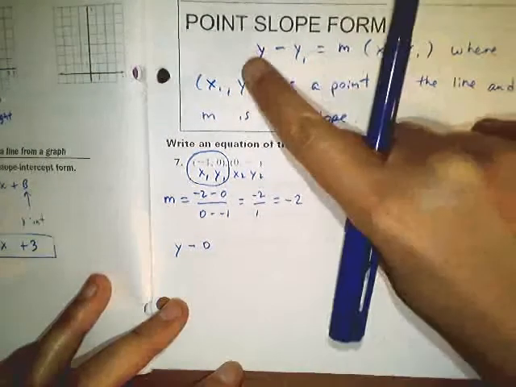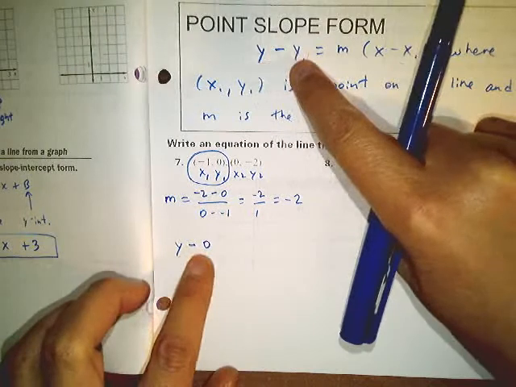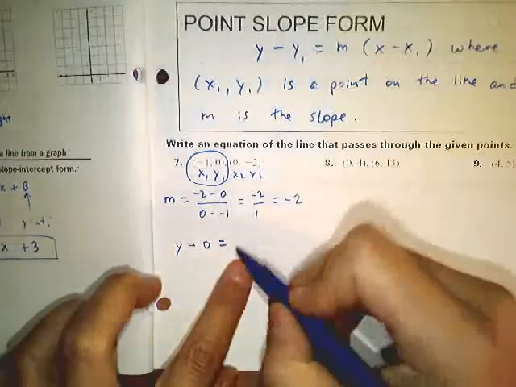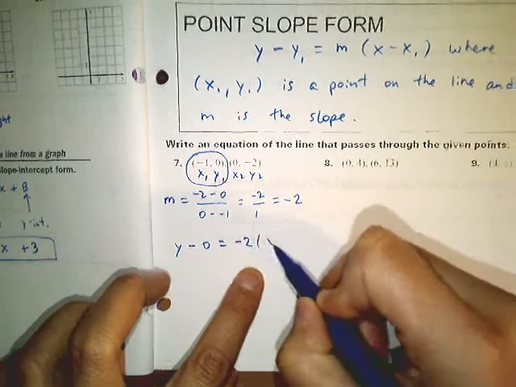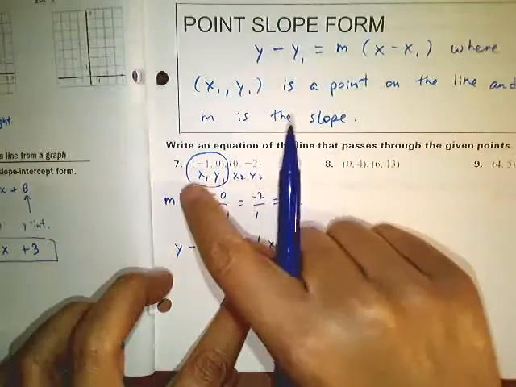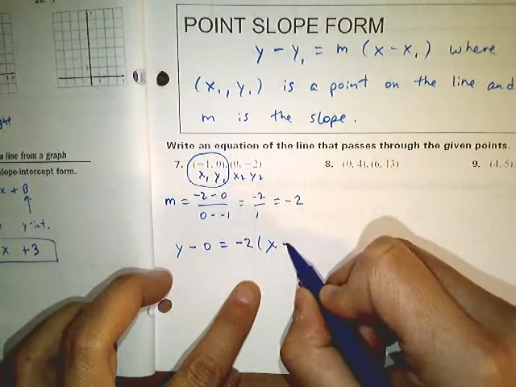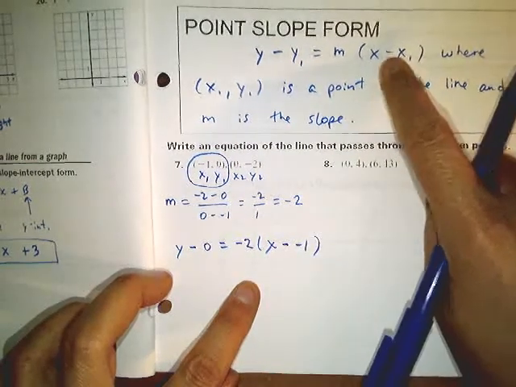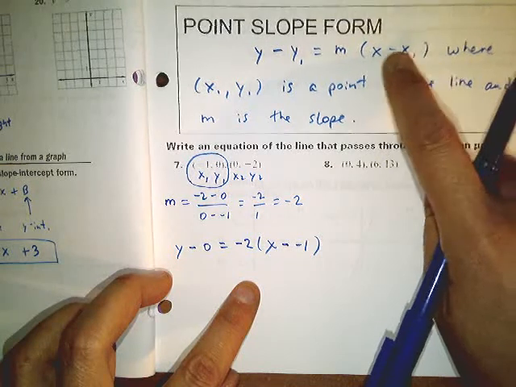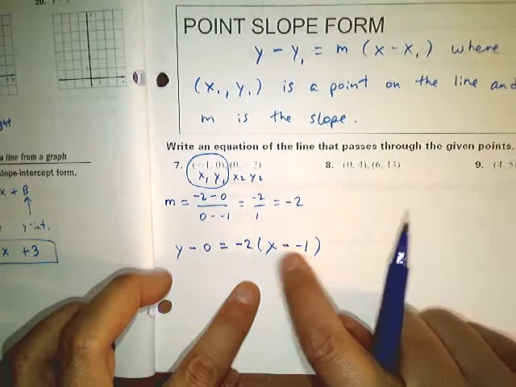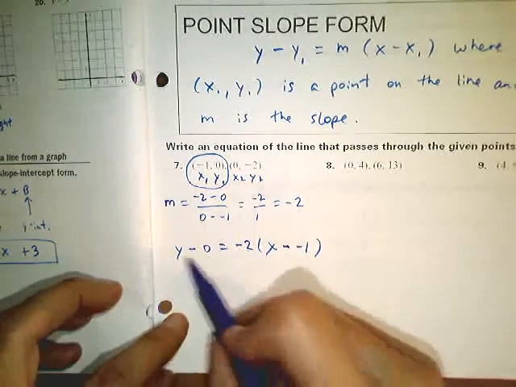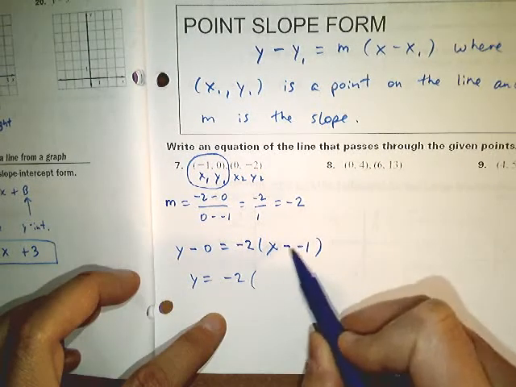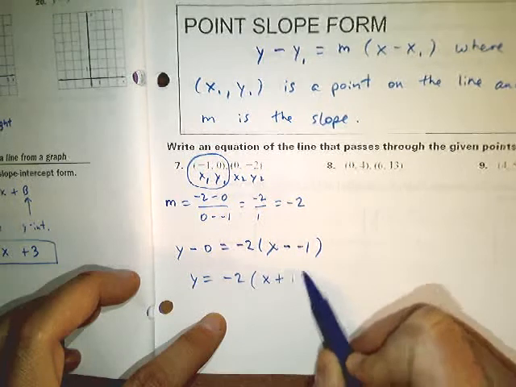I'm following this format right here, y minus y sub 1, okay? Equals the slope, which is negative 2, times x minus the x value of the first point, which is negative 1. Notice this minus is from the formula, and then the number after it is negative 1, so it's minus negative 1. Y take away 0 is just y. And then when you minus a negative 1, it's just adding positive 1.